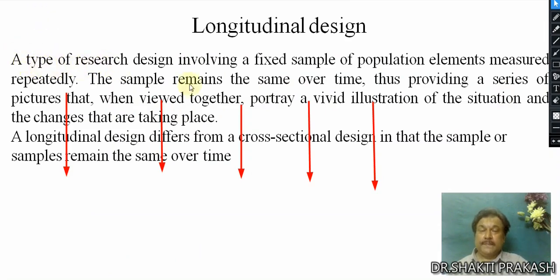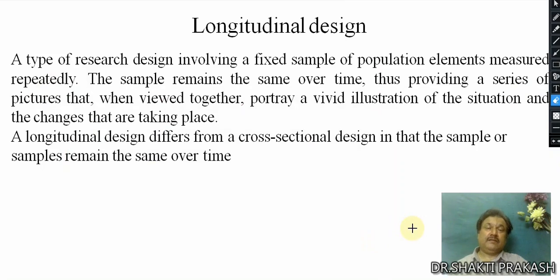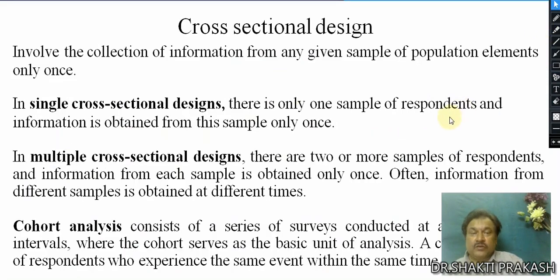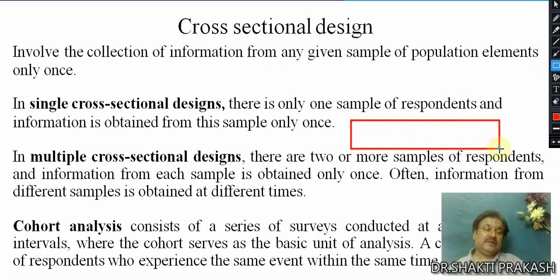Longitudinal research design involves a fixed sample of population. The cross-sectional research design will be horizontal. What is the difference between both? In the cross-sectional case, your respondents will be in this particular area, but in a particular year.